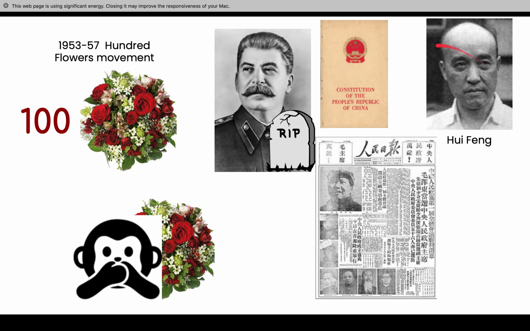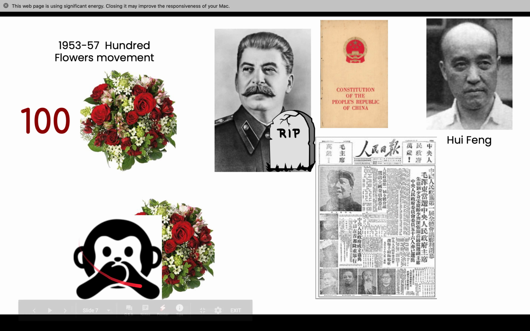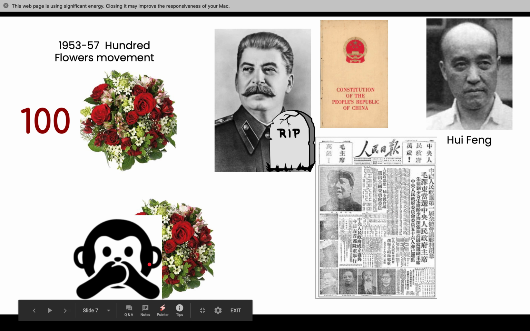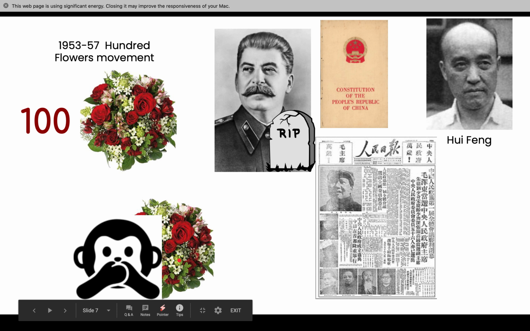We have an example here of Hu Feng, who in his diary wrote about the pitfalls of the Constitution of the People's Republic of China. That was then published, and the sheer amount of criticism forced Mao in 1957 to launch the anti-rightist campaign, where he stated that anybody who criticised the communist government would be seen as a rightist and counter-revolutionary.